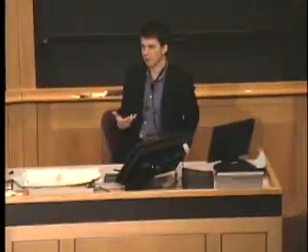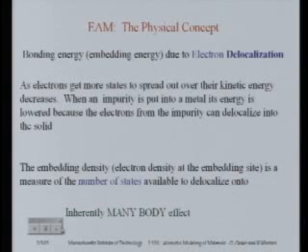A somewhat intuitive concept of where the bonding energy comes from is this: if you put an atom in a metallic solid, where does it get its cohesive energy from? For the most part, it gets its cohesive energy from the delocalization of its electrons. Okay? And that's largely a kinetic energy effect.